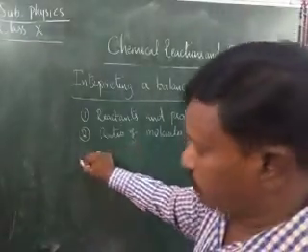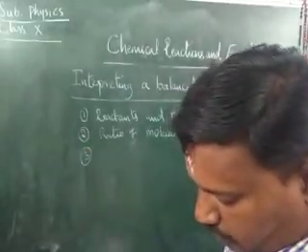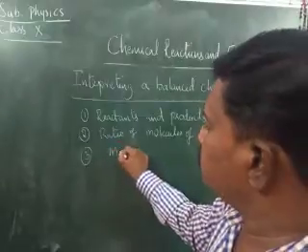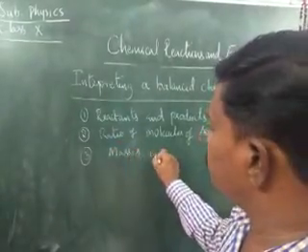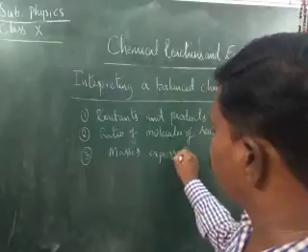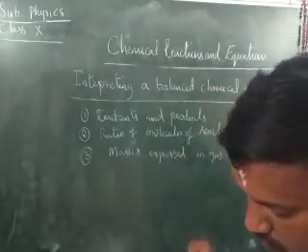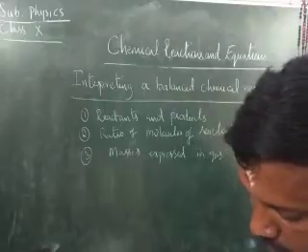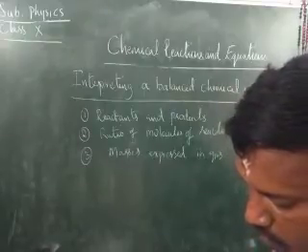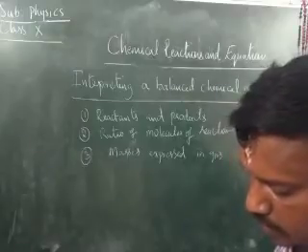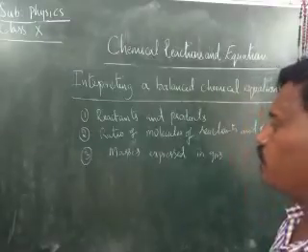The third one, it gives the masses expressed in grams. Normally, as molecular masses are expressed in unified mass, relative masses of reactants and products are known from the equation.